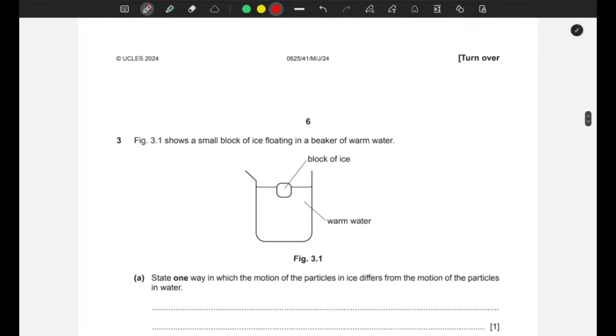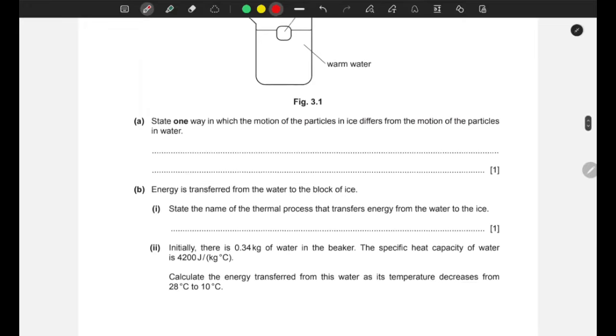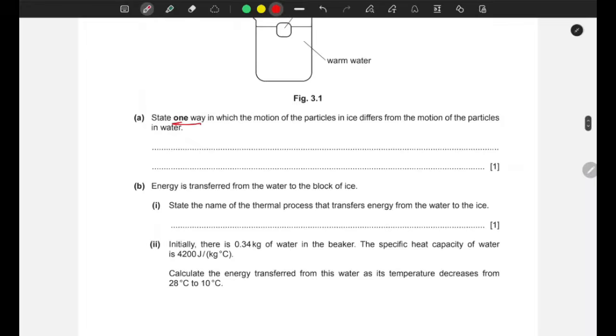Let's move on to question number 3. Figure 3.1 shows a small block of ice floating in a beaker of warm water. State one way in which the motion of the particles in ice differs from the motion of particles in water. Okay, so in ice, the particles vibrate.